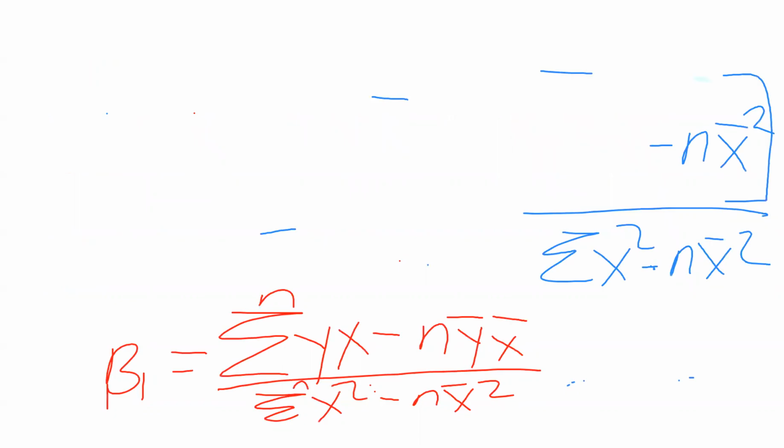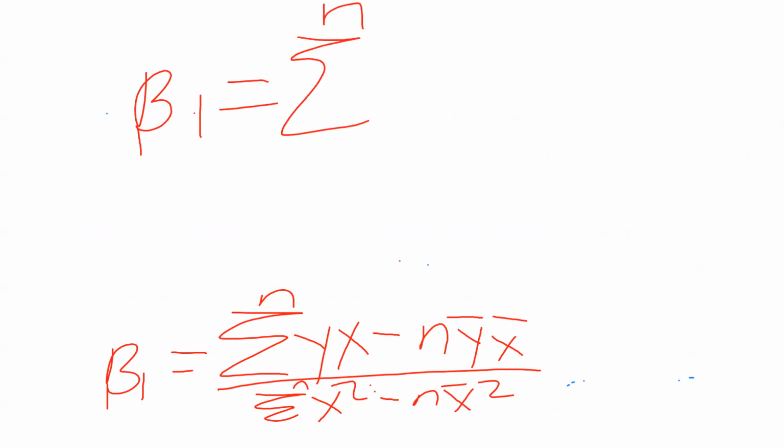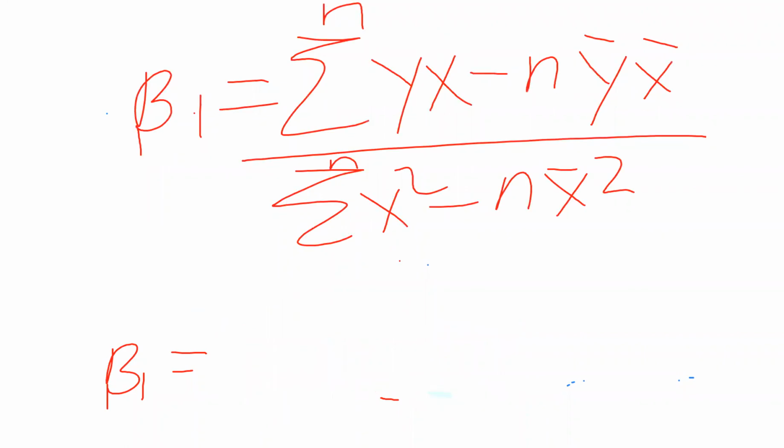Yeah, I should write it here on top where it should be clear. Beta 1 is equal to the summation of n yx minus n y bar x bar over the summation of n x squared minus n x bar squared. Yes, that is what I said. So we have reached.